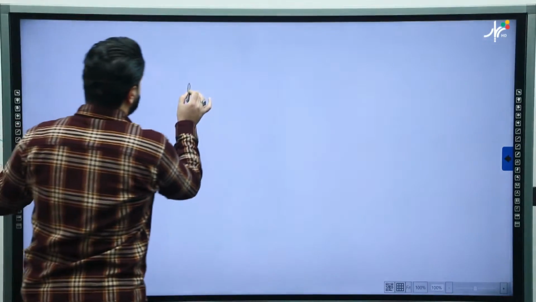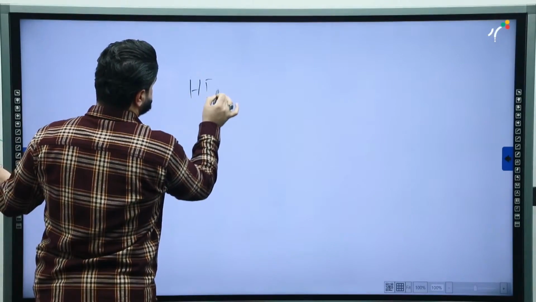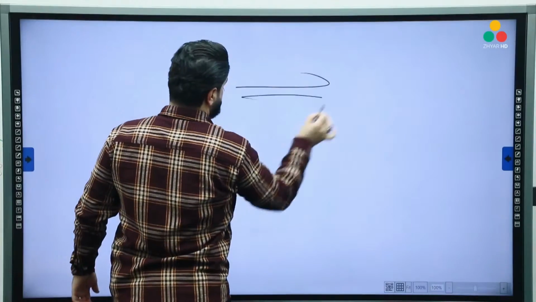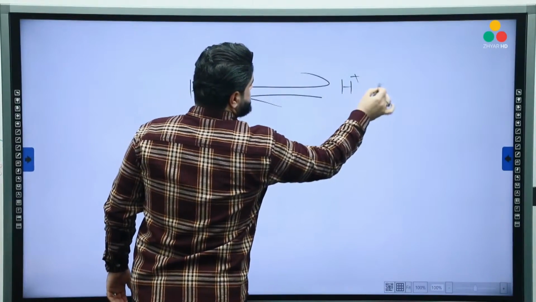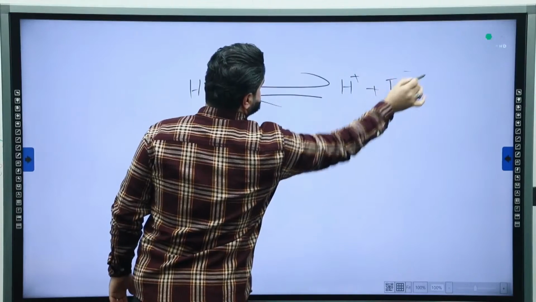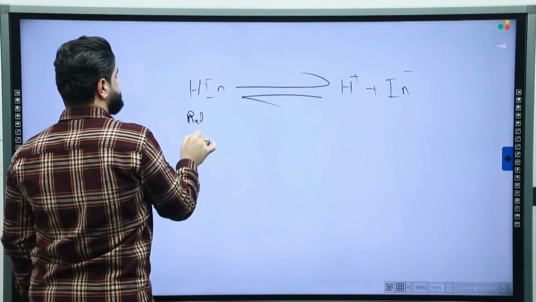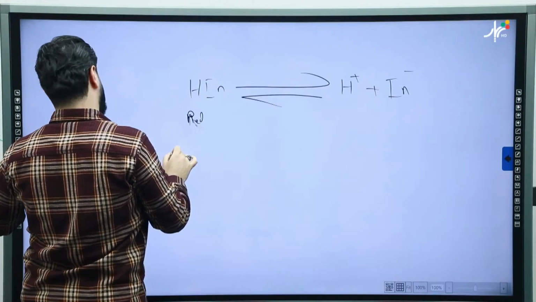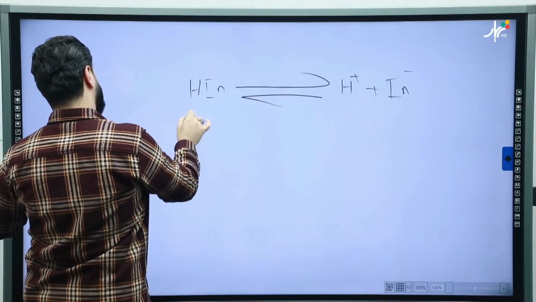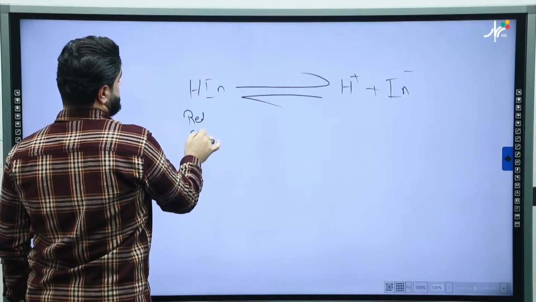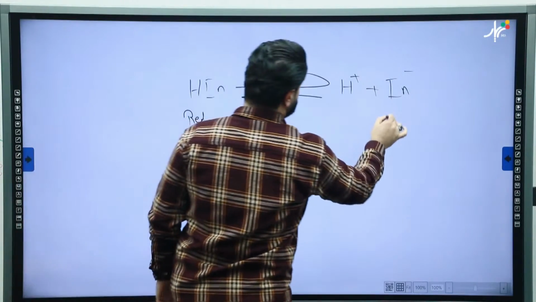But in the basic medium, again we have HIn, H plus plus In negative. HIn has red color, In negative has blue color.